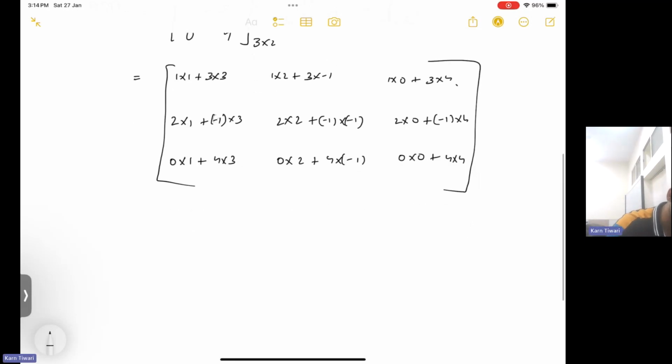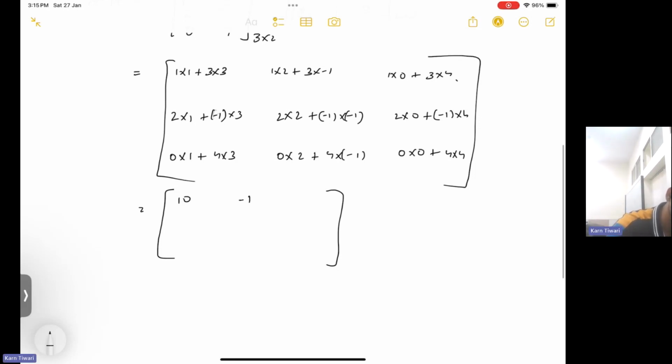So if you just simplify it, it will be coming 1 plus 9, that is 10, 2 minus 3, that is -1, and the next element will be 12, 2 minus 3, that is -1.